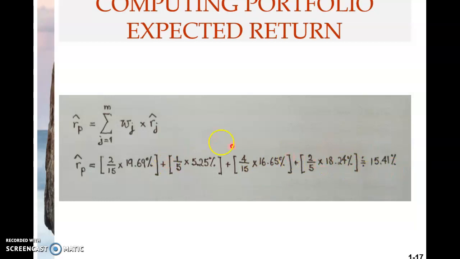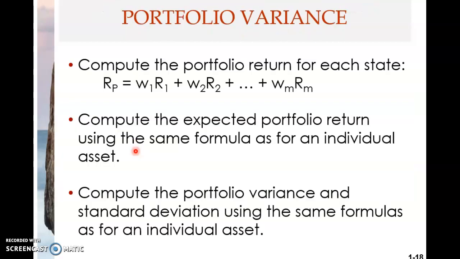So you add all these products, you get 15.41%. That's the expected return for the portfolio, rounded to 2 decimal points. So you get the same answer. So this is the formula. I hope you take note of the formula for the expected return for the portfolio.